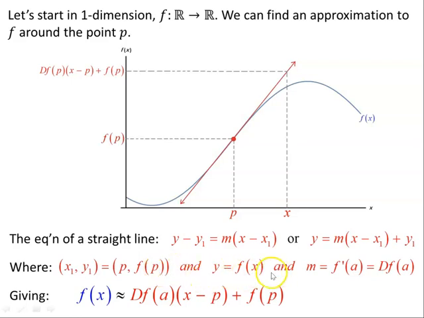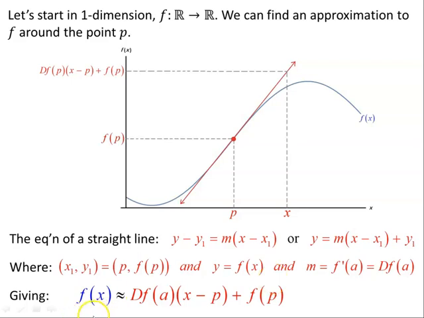And y equals f of x, and m equals f dash, the derivative of f evaluated at the point A, to give us the slope. We can write f dash of A as df, the derivative of f evaluated at the point A.